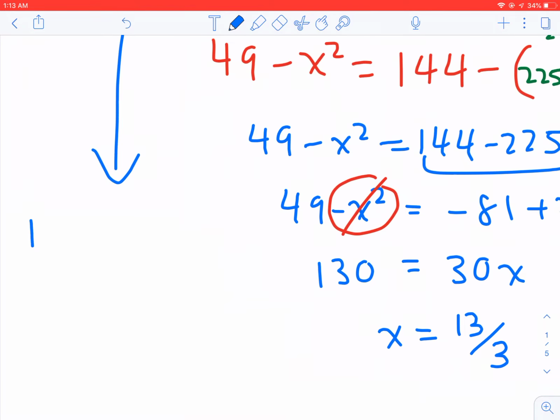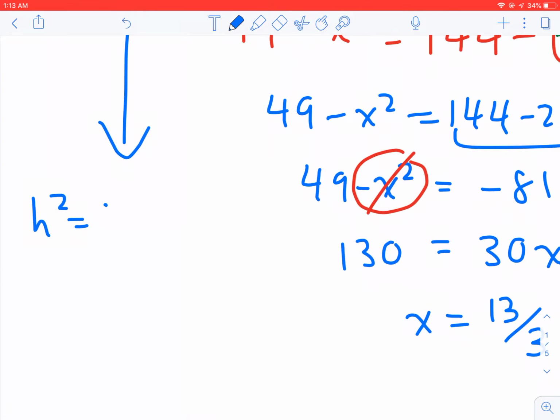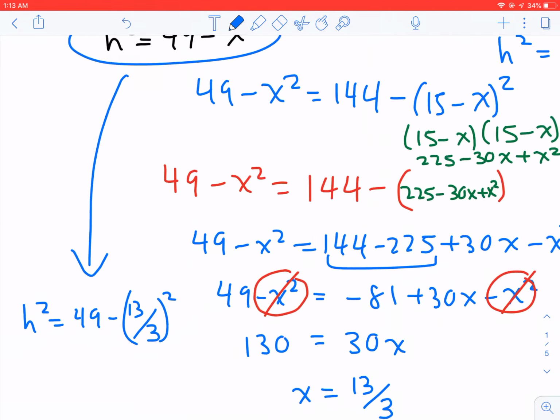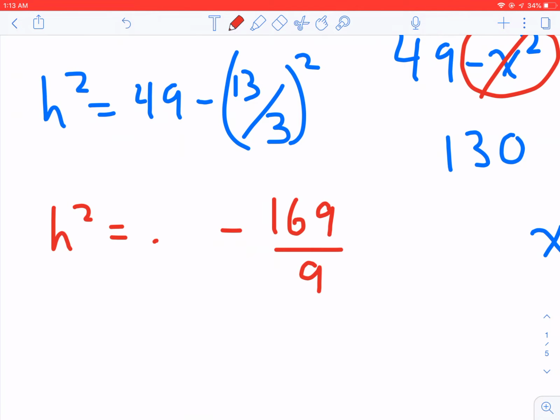Our height squared equals 49 minus 13 over 3 squared. So I plugged in 13 thirds for x. Alright, this is actually pretty difficult to solve. I know I've done it twice, but 13 thirds squared is 169 over 9. 49, I'm going to make that over 9 as well.